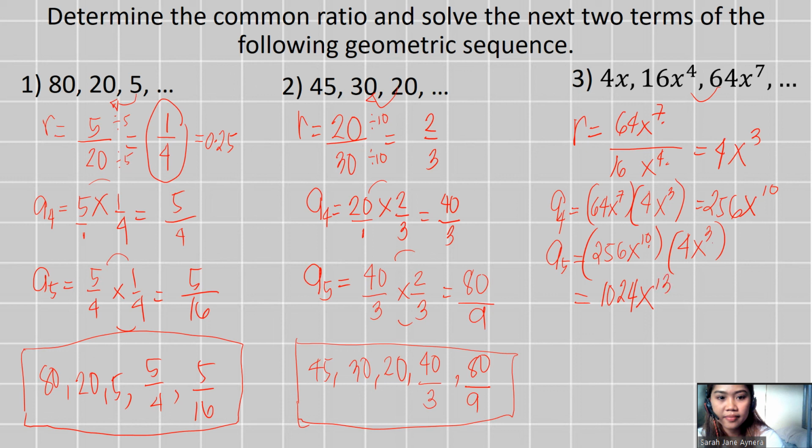So, the geometric sequence will become 4x, 16x to the 4th, 64x raised to 7, 256x raised to 10, and 1024x raised to 13.